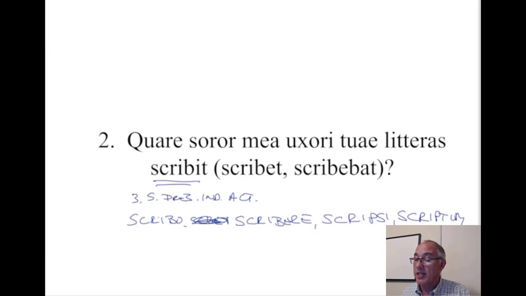Okay? And we know that scribere is a third conjugation verb. So, it's the present tense. The sign for the present tense in the third conjugation is an I. Scribit. She is writing.